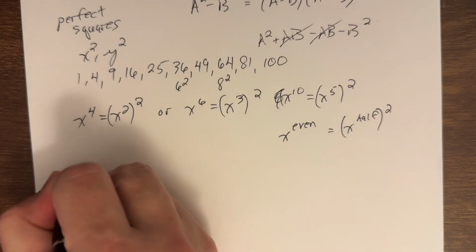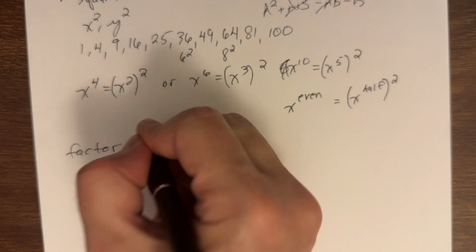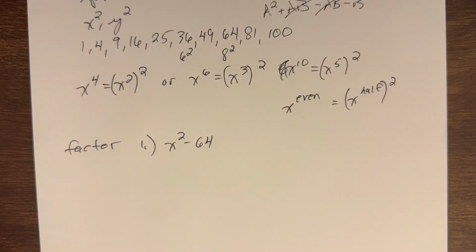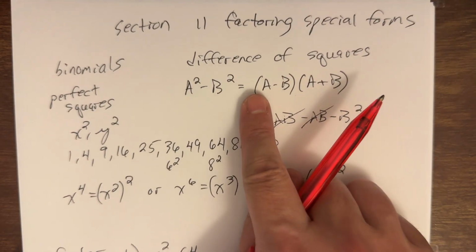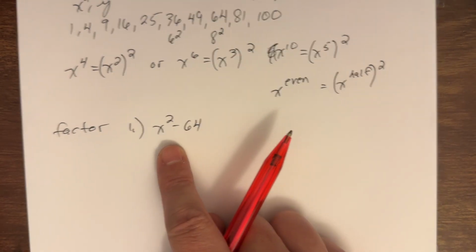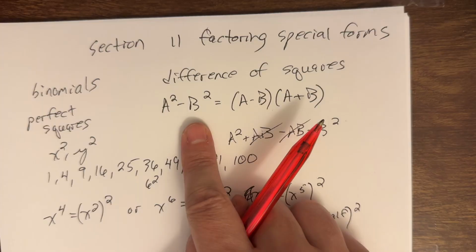So now I'm going to jump right in. My directions are going to be to factor. And I'm going to start with number 1, x squared minus 64. And in this first one, I'm going to be so super literal every step of the way. For some people, this is such a friendly factoring technique that they could just jump in and do it. But for others, they want to be very clear and use a formula.